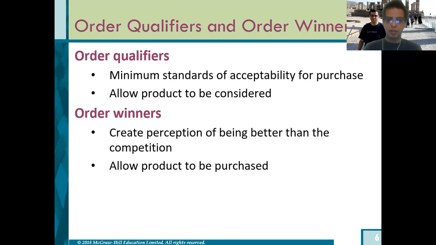Order winners create a perception of being better than the competition, which allows the product to be purchased. So it's better than other competitors, or what a customer is looking for that the others don't have.